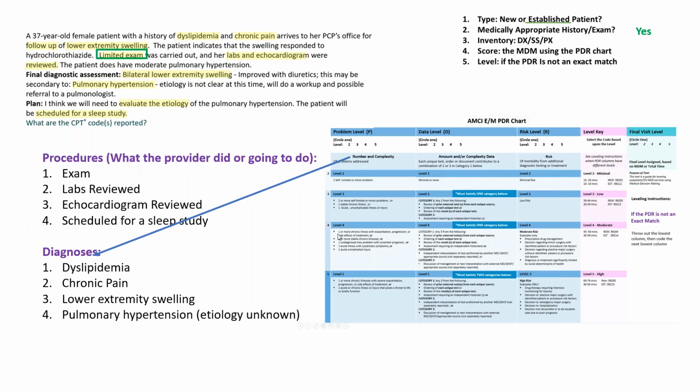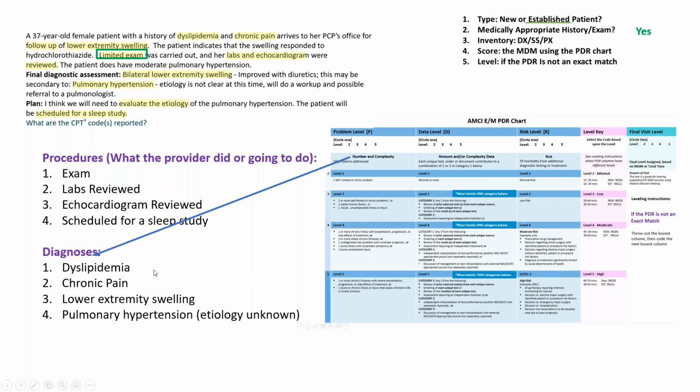Okay, so let's look at 4. 4 says you have one or more chronic illness with exacerbation, progression, or side effects of treatment. All right, so just so we're clear, exacerbation means worsening. So I don't see that, but I do see progression, right? So first, what is a chronic illness?